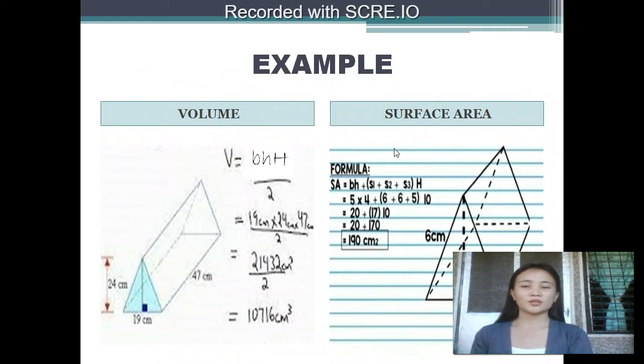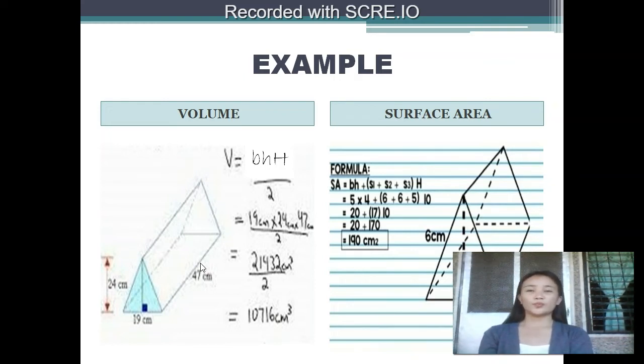Okay, so volume. We have a triangular prism, given the height of its triangle is 24 centimeters, and its base is 19 centimeters. Then the height of the overall prism is 47 centimeters. So let's proceed.